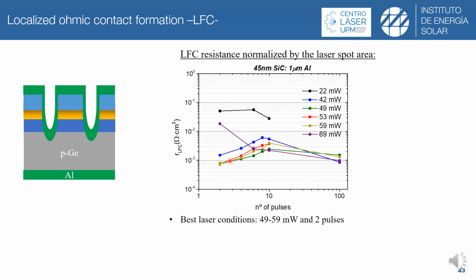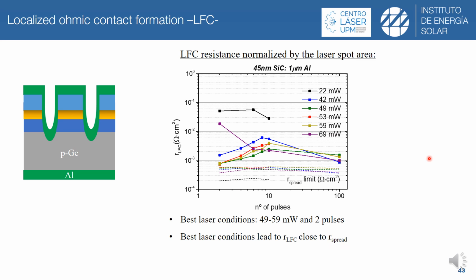So the best laser conditions in general are the intermediate laser power condition tested and the lowest number of pulses. If we analyze here the spreading limit, which is determined by the resistivity of the wafer and the laser diameter size, we see that for the best laser conditions we are very close to the physical limits, which is indicative of the high quality of the electrical contact achieved.